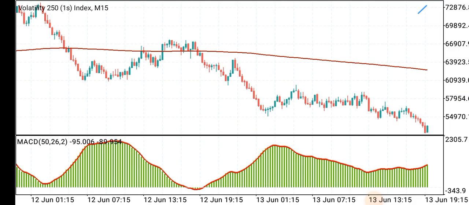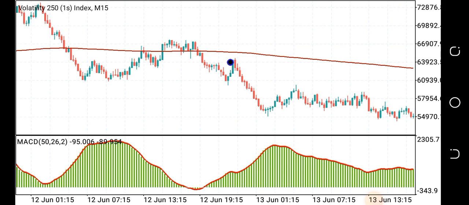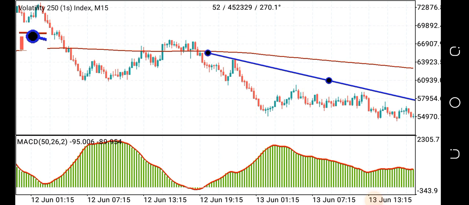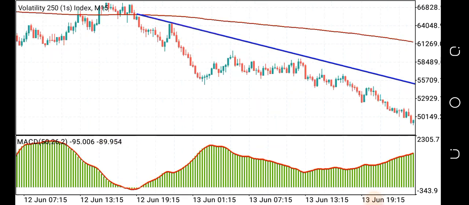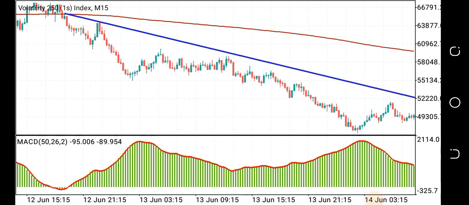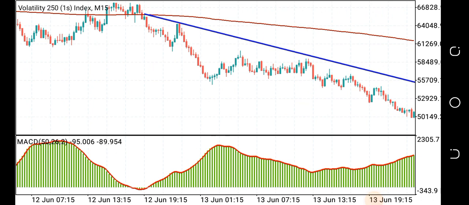Once the candlesticks are below the moving average, and you draw your trend line, as you can see, this is a down trending market. So this is a combination of the MACD indicator and confirming it with a trend line. Do you understand?